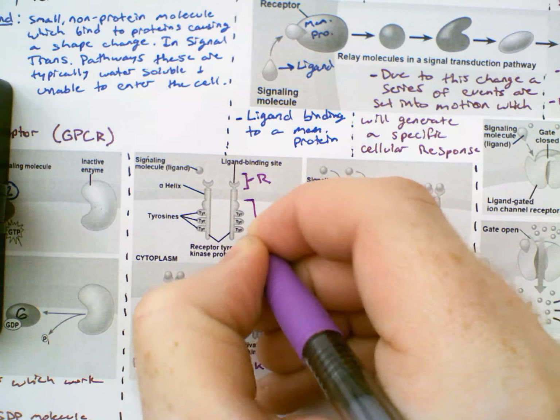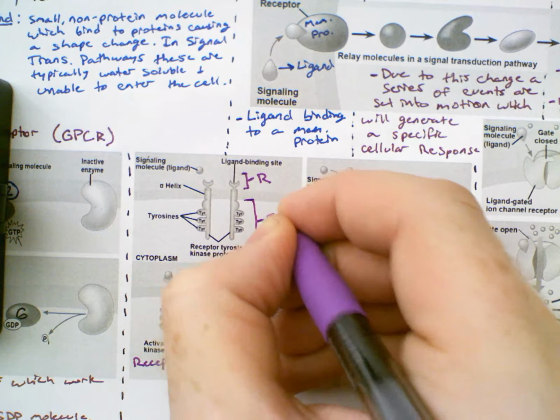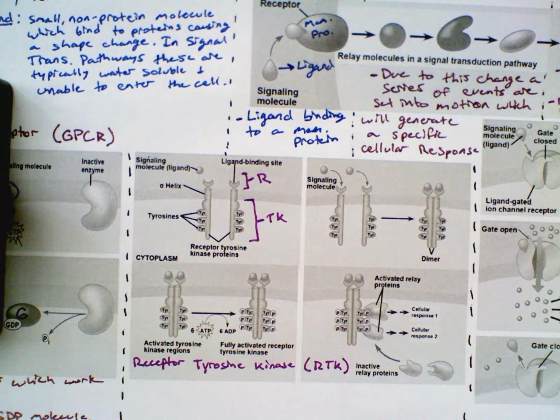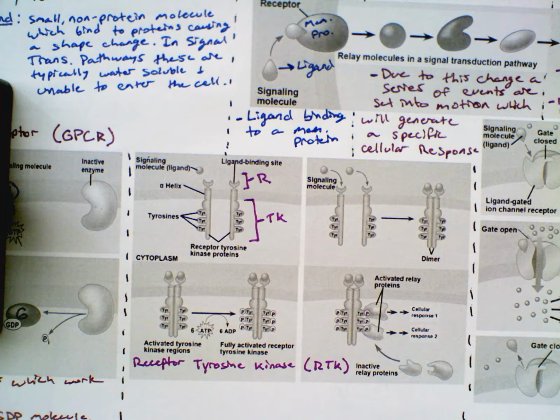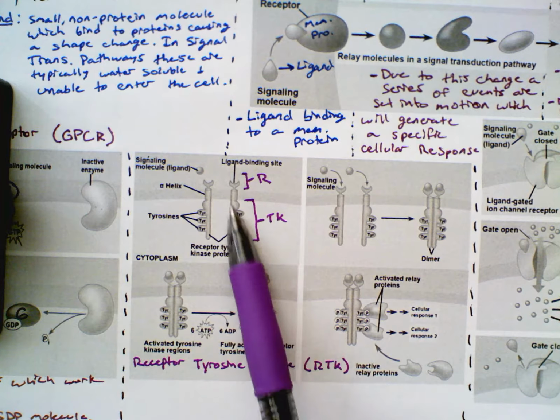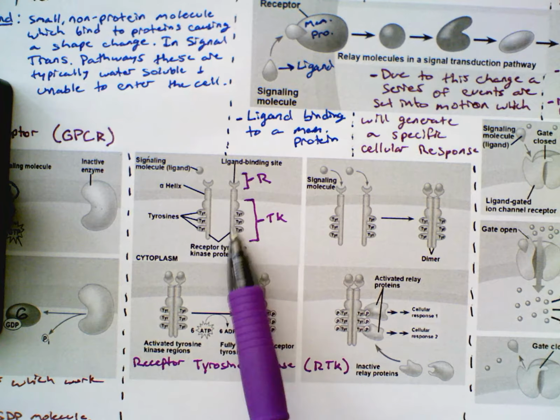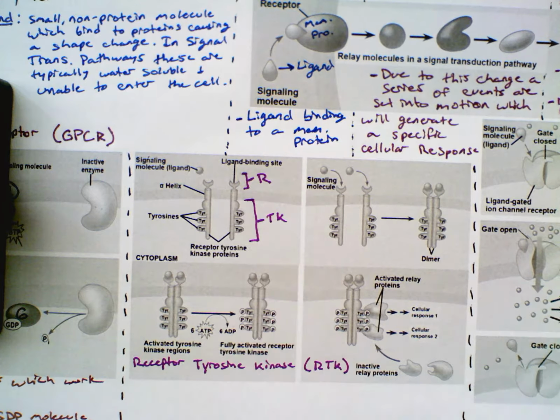The tyrosine kinase is the part that's inside of the membrane, the TK, and that is the region that contains the kinase. Remember, kinase is an enzyme that adds phosphate groups to things. And tyrosine, TYR, is an amino acid. Okay? And this amino acid is bound to the protein. It's just hanging off. And these are going to be receptor sites for phosphate groups. Okay.